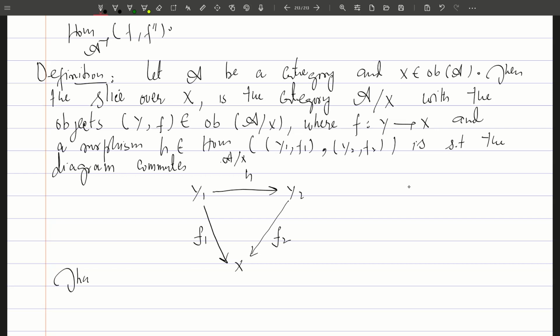That is, f2 composed with h is the same as f1.